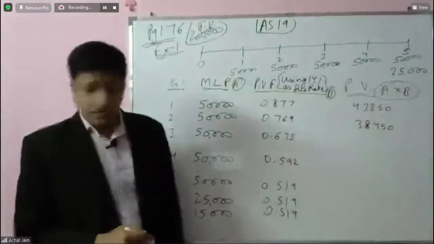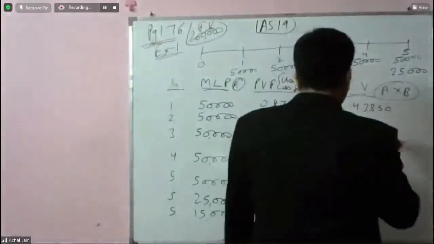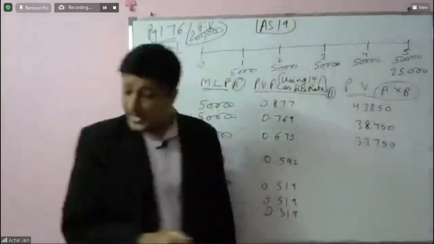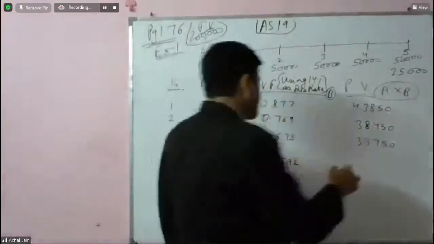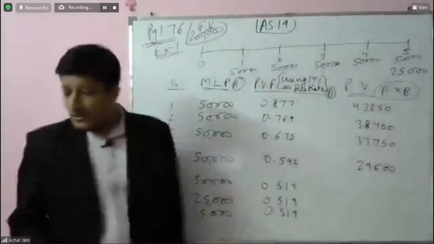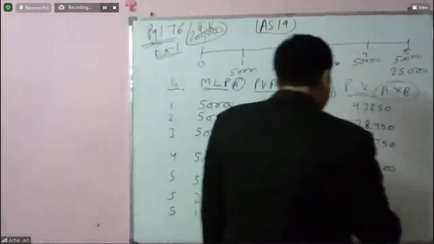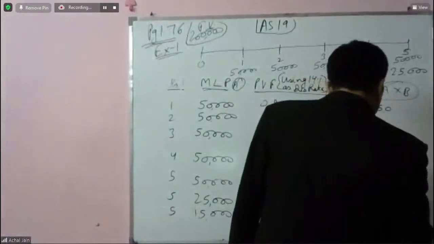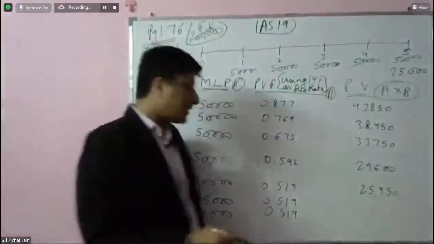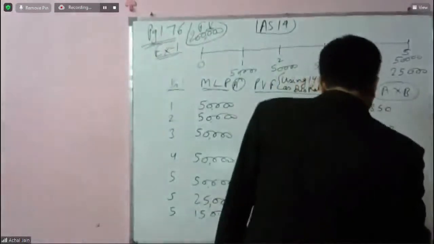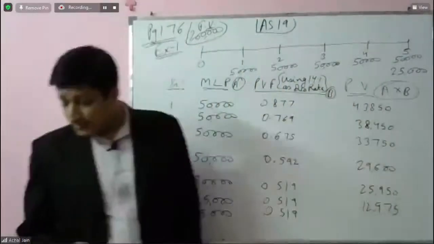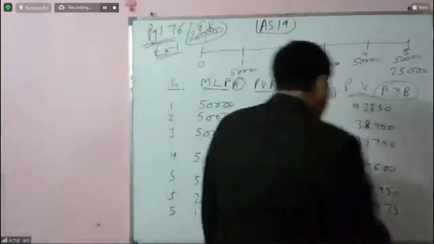Then we have 33,750. Then we have 29,600. Then we have 25,950. Then we have 12,975. Then we have 7,785.